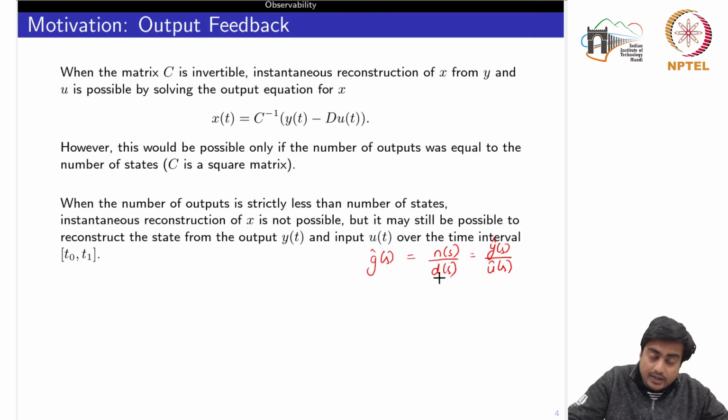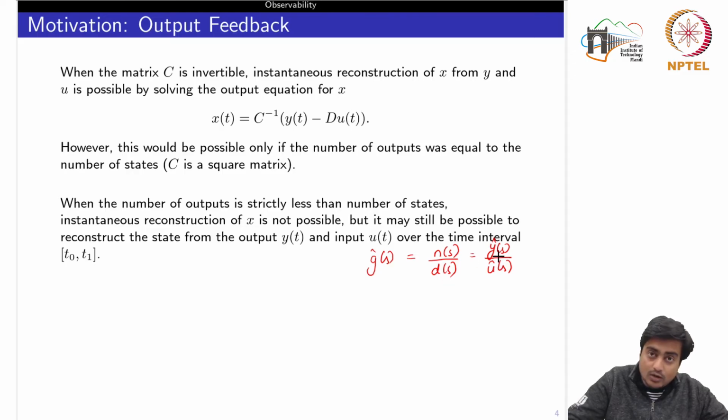Now, depending on the degree of the denominator polynomial, we have so far seen the dimension of the state matrix A. So if the degree of the polynomial d of s is 3, then in that case we would have the number of state variables as 3.